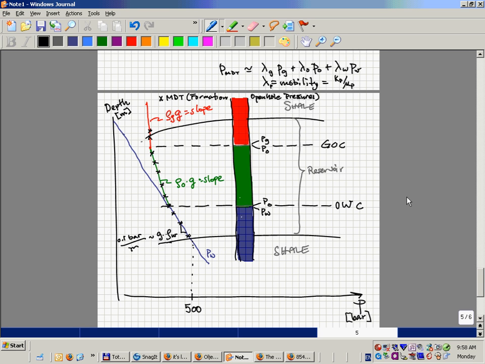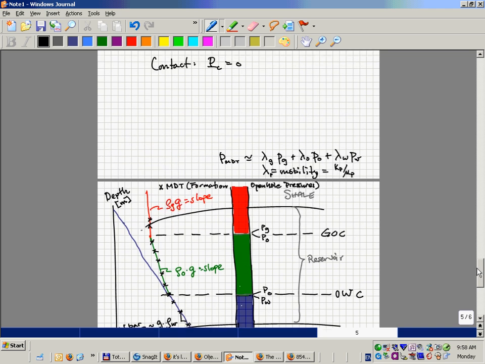We're about out of time, so at least now we know, from a practical point of view, how we determine the contacts in a reservoir. Just to summarize, the measurement of contacts is either by the open hole pressure-depth type data.